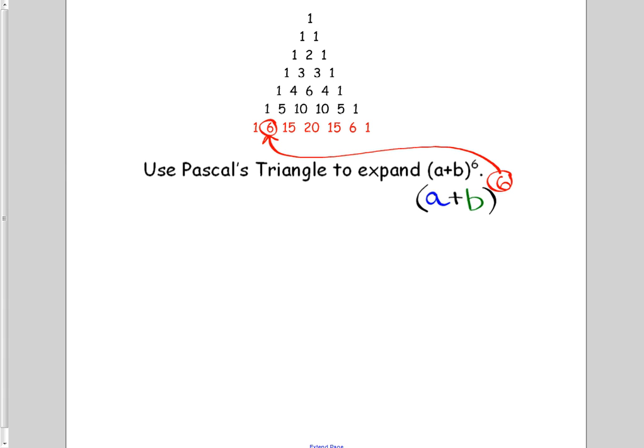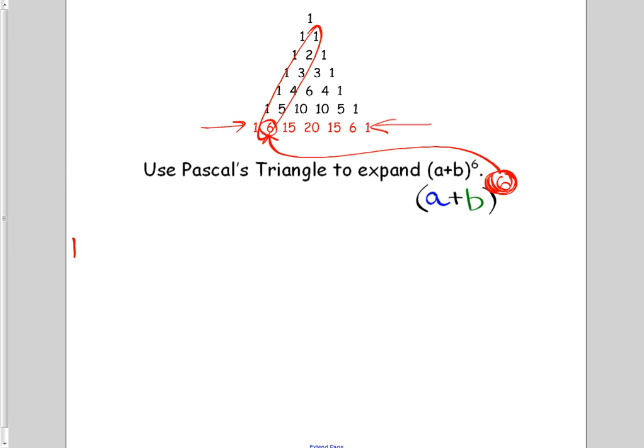So you can see in Pascal's triangle right along this angle, I've got 1, 2, 3, 4, 5, 6, and I would keep on going on forever. So whatever my exponent is here, that's what tells me which line I'm going to use of Pascal's triangle to get my coefficients.